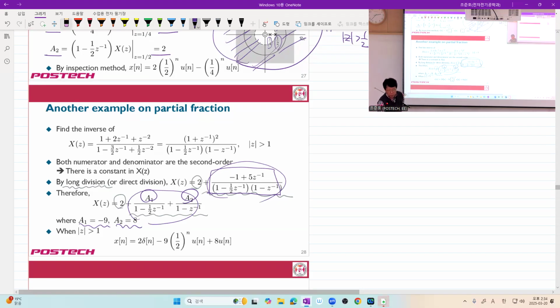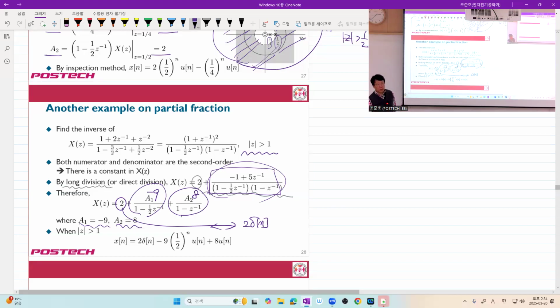So what do you have? Now it's time for you to use the inspection method. What is the Z transform of 2? 2 times delta of n, right? So this is. What about this one? And what about that one?